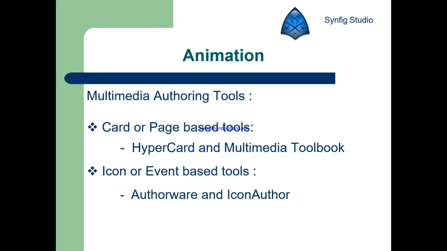These types of tools are useful when the different elements can be viewed individually, like the pages of a book. Some examples of card-based authoring tools are HyperCard and Multimedia Toolbox, etc.